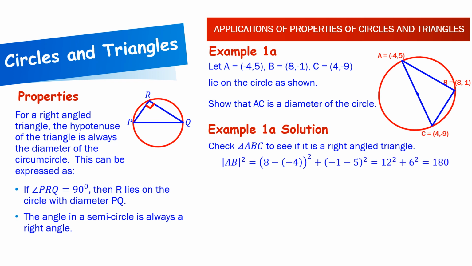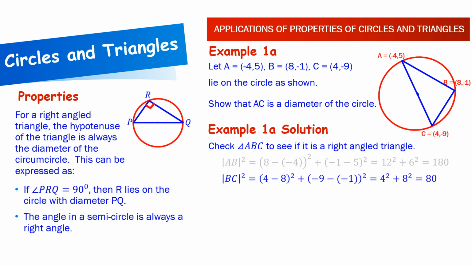Now let's take a look at the length of the other two sides. So let's take a look at BC. Mod BC squared is equal to 4 minus 8 all squared plus -9 minus -1 all squared. This equals 4 squared plus 8 squared, which is equal to 80.